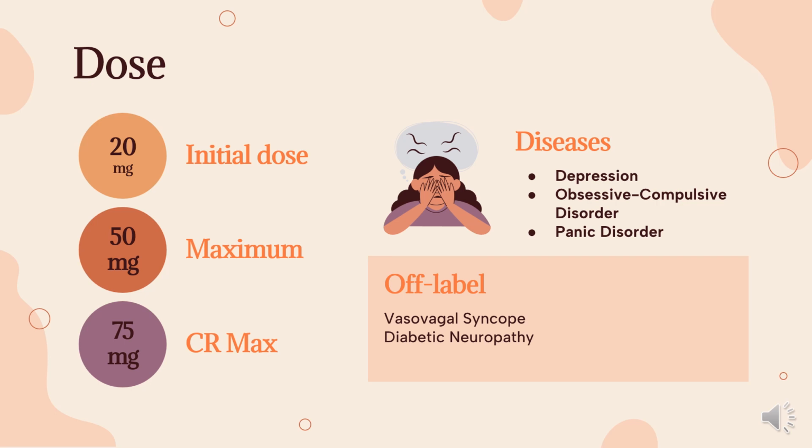Paxil CR, off-label, 12.5 to 25 mg PO/day. Vasovagal syncope, off-label, 20 mg per day PO. Diabetic neuropathy, off-label, 10 mg per day PO initially, may increase to 20 to 60 mg/day.